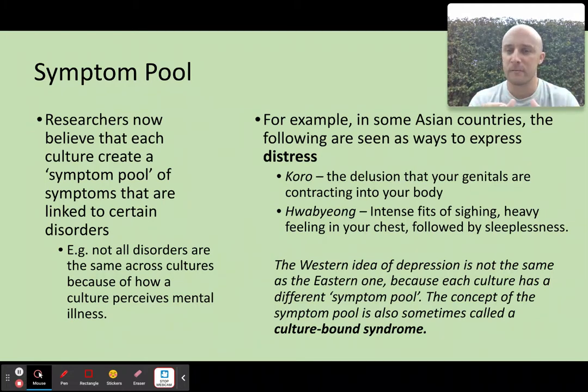So let's look at depression, for example. In the Western world, we see depression as low mood, suicide ideation, maybe change in weight. That is the pool of symptoms that in the Western world we link to depression, right?